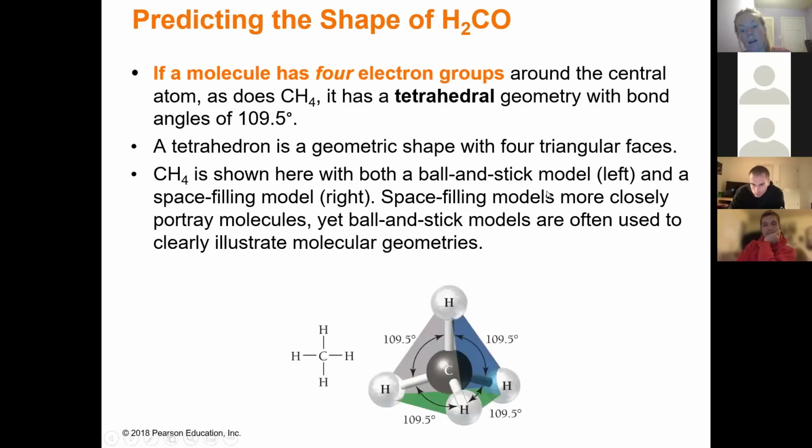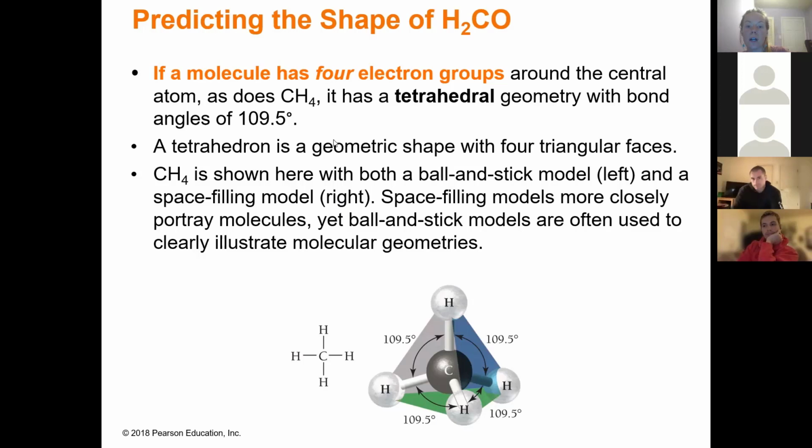I am not even going to attempt to draw it, but it looks something like this. It's kind of like a little pyramid. In our methane, we have carbon in the center, and it's got three hydrogens pointing down and one hydrogen pointing up to make a cute little pyramid. These are 109 or 109.5 degrees away from each other. Remember, these things want to move forward and back in space to get as much distance as they can away from each other. So yes, the Lewis dot structure will give us this, but in real space, it looks like this.